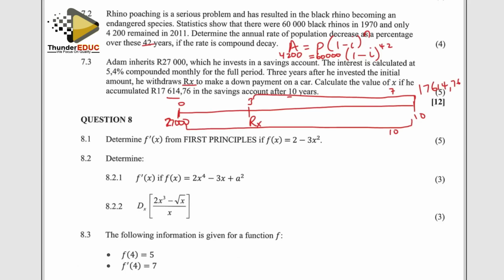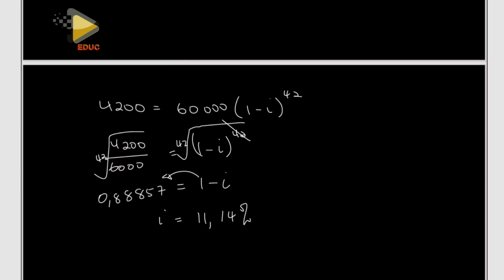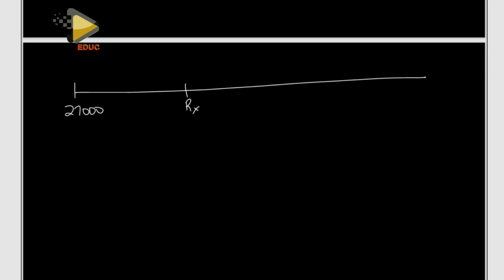Okay, so what I'm going to do, let me just put it aside. Okay, so we say 27,000. There is a certain amount of money after 3 years, and then after 10 years, we have 17,614.76.